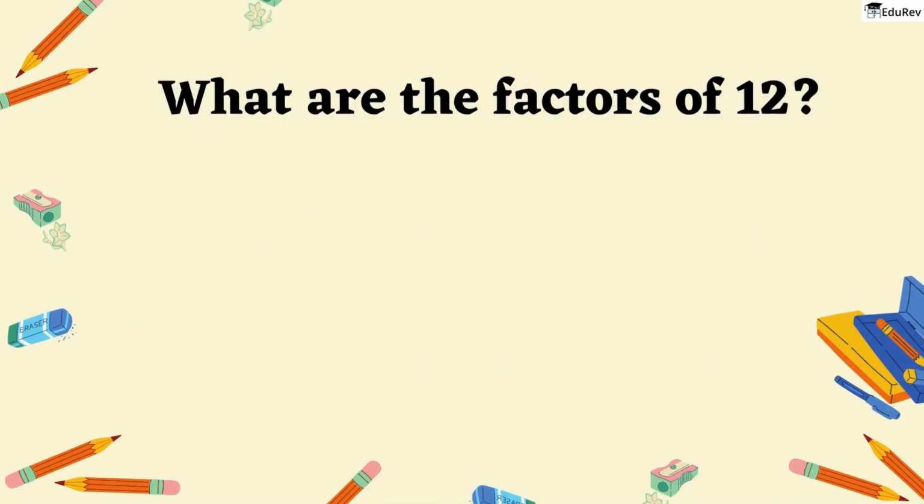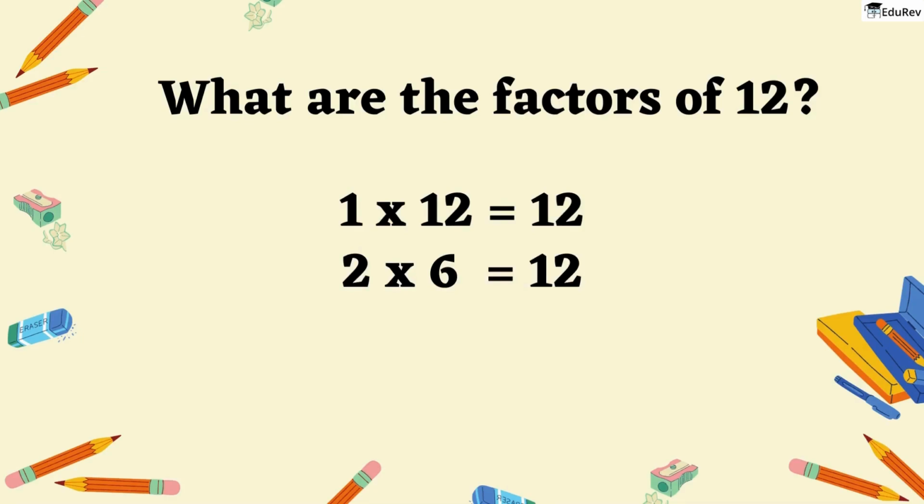What are the factors of 12? Let's do it together. 1 multiplied by 12 equals 12. 2 multiplied by 6 also gives us 12. 3 multiplied by 4 equals 12. Will we go further now?